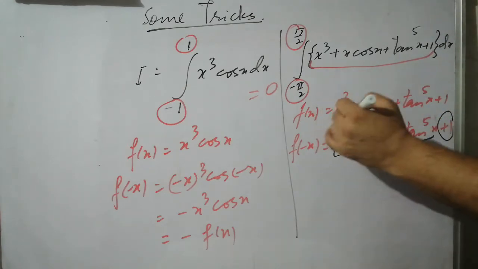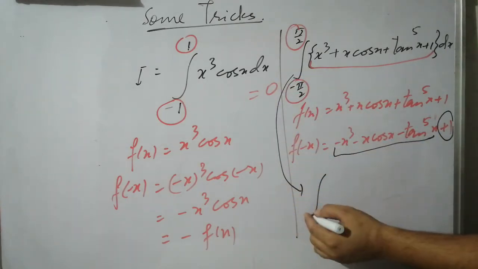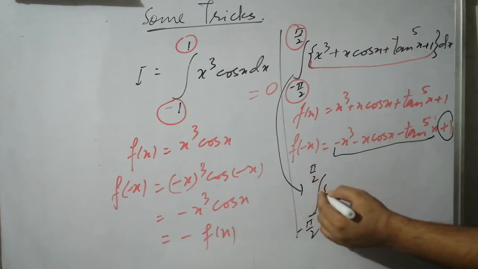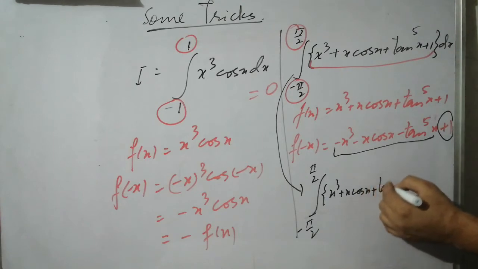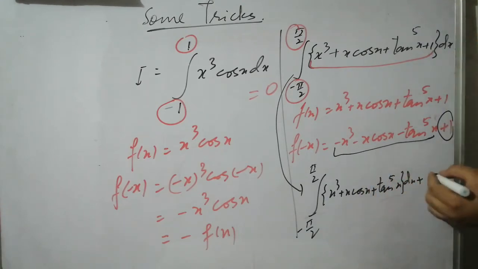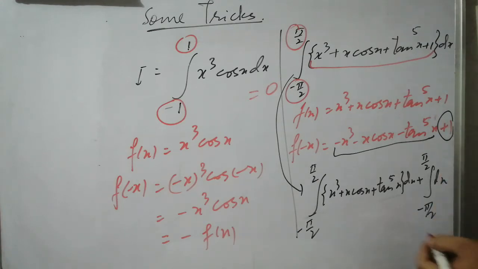So what we do here is we will separate it like minus pi by 2 to pi by 2 x cube plus x cos x plus tan raised power 5x dx plus 1 को हम सेपरेट कर देंगे, minus pi by 2 to pi by 2 dx, क्योंकि इस पर कोई फ़र्क ही नहीं पड़ रहा था फंक्शन को. तो ये क्या हो गया हमारे पास?